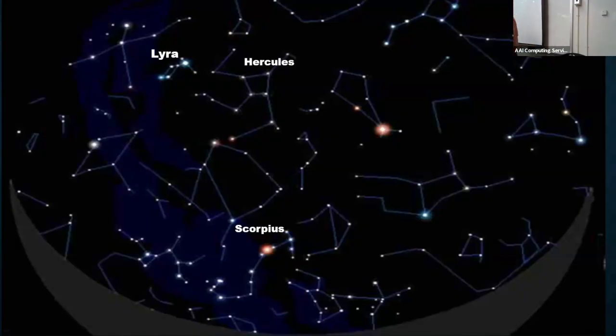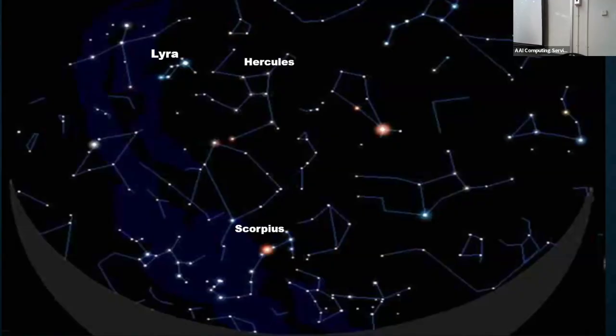The brightest star in both of these constellations is the star Antares, which is in Scorpius. This is a red supergiant. So at some point in the future, it could be tomorrow, it could be 200,000 years from now or whatever, it's more likely to be that, I think, it will explode as a supernova.